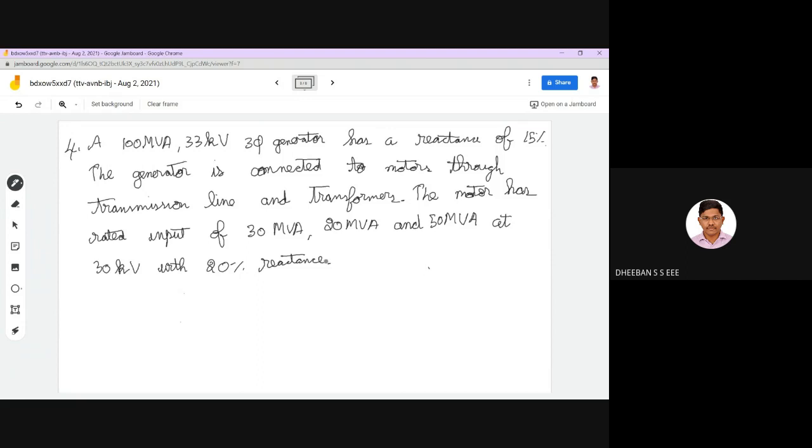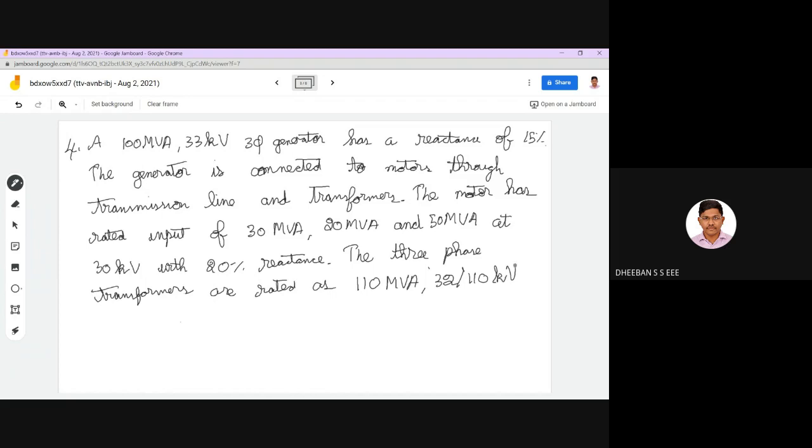Okay, the 3-phase transformers are rated as follows. It is 110 MVA is the rating, 32 bar 110 kV.